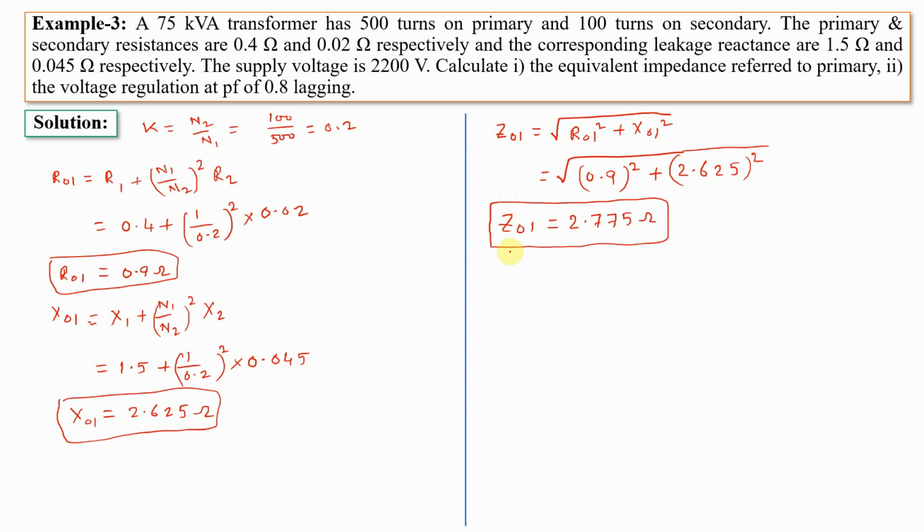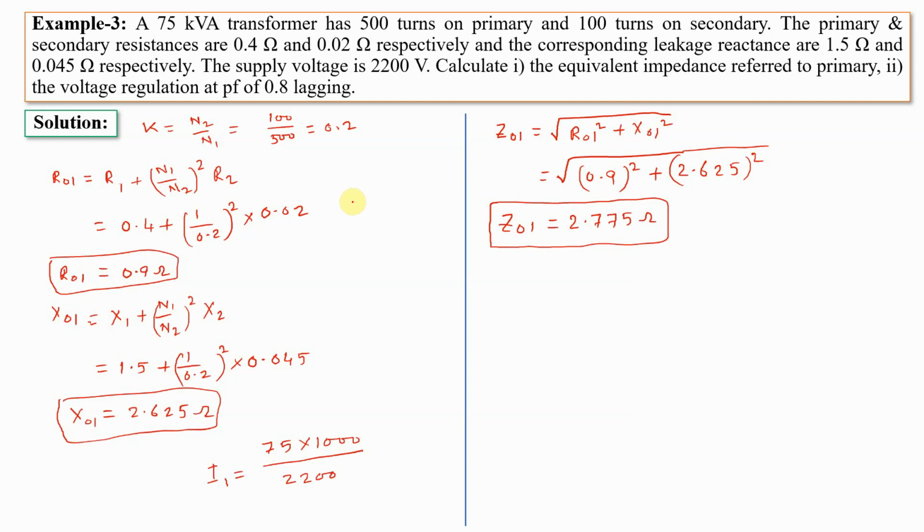Now, the full load primary current I1 can be calculated here. The value of I1 will be the rating of the transformer, that is 75 kVA, converted to VA by multiplying by 1000, upon the primary voltage, that is 2200 volt.